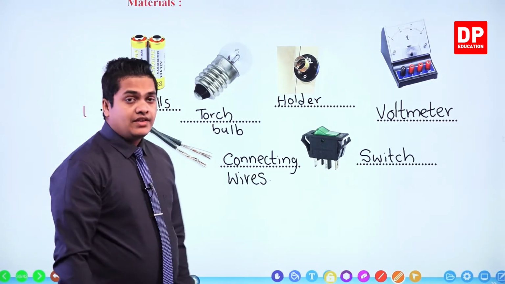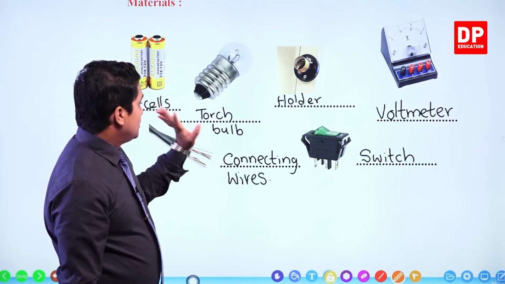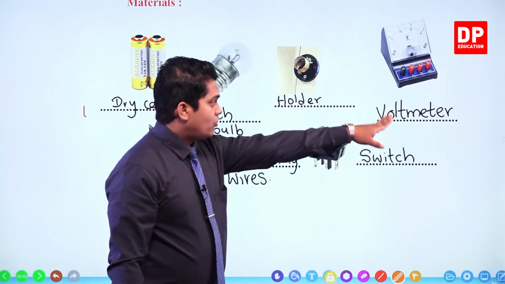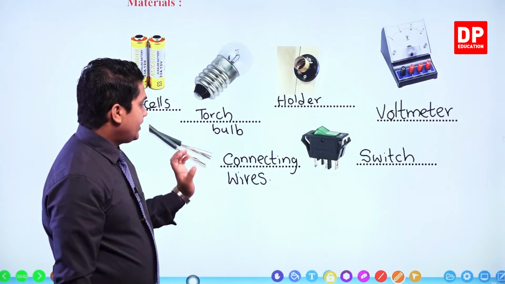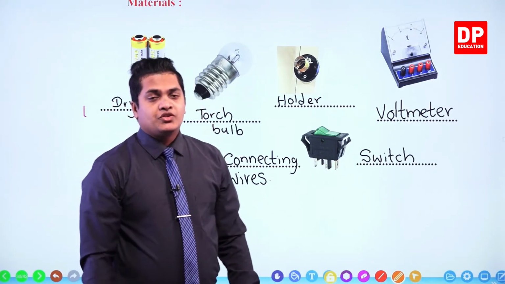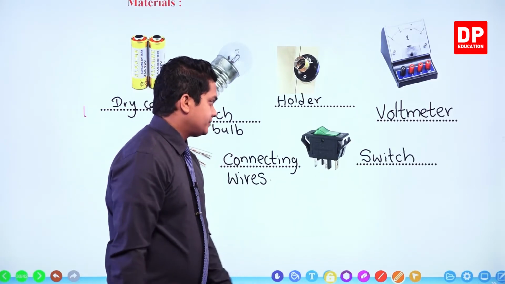So these are the materials that we need: dry cell, a torch bulb, a holder, voltmeter, connecting wires, and the switch. Okay, so those are the materials that we need.